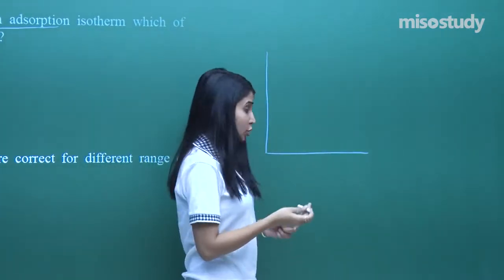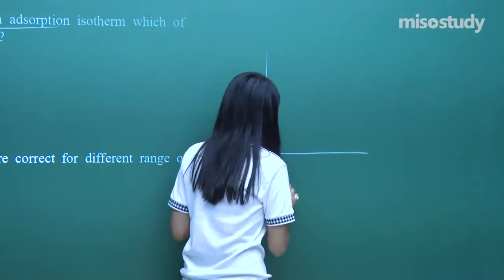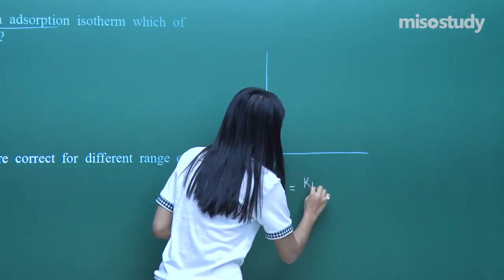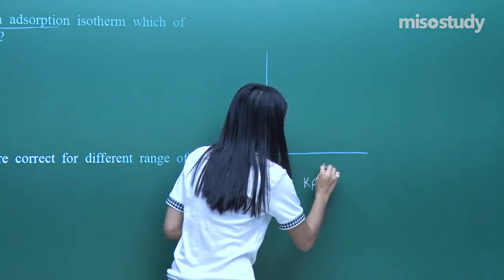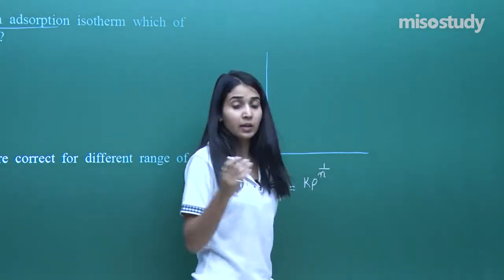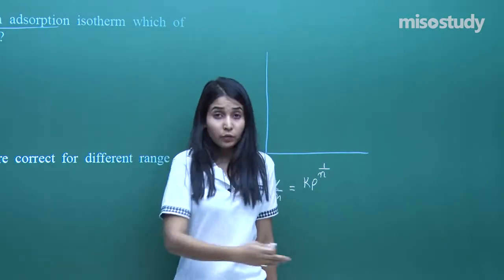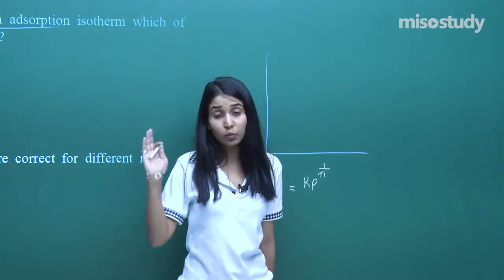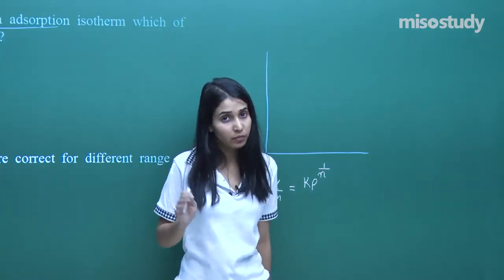That was x upon m is equal to Kp to the power 1 upon n. Well, of course, if this is the case, then option C would prove to be correct, no way whether you say it right or wrong.